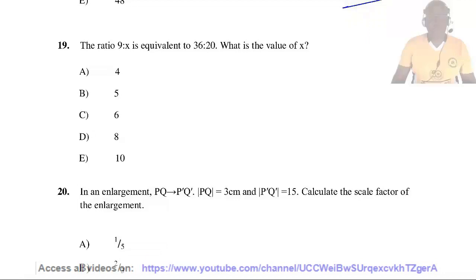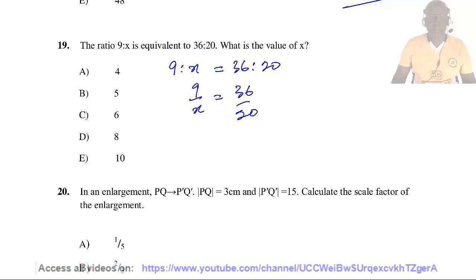Question 19. The ratio 9:S is equivalent to 36:20. Find the value of S. 9:S is equivalent to 36:20, meaning 9 divided by S equals 36 divided by 20. We shall cross multiply, meaning we shall multiply S by 36 and equate to 9 multiplied by 20.